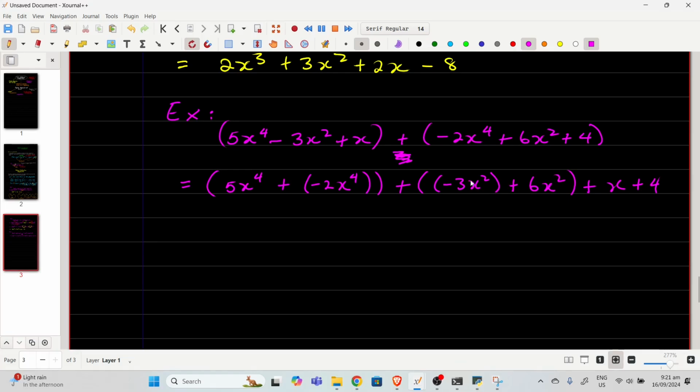So we just have to resolve this and resolve this. So we can go here, we resolve this piece here, it's going to be a negative sign, so it means 5x to the fourth power minus 2x to the fourth power, which is 3x to the fourth power.